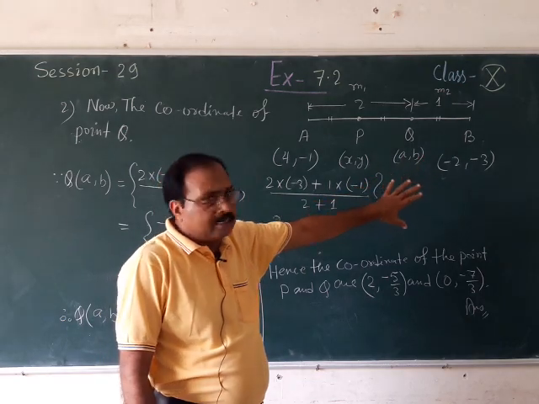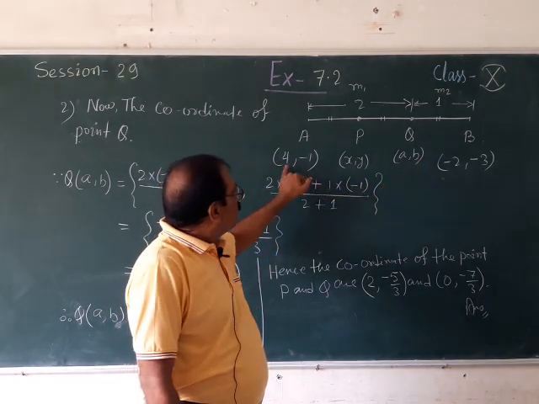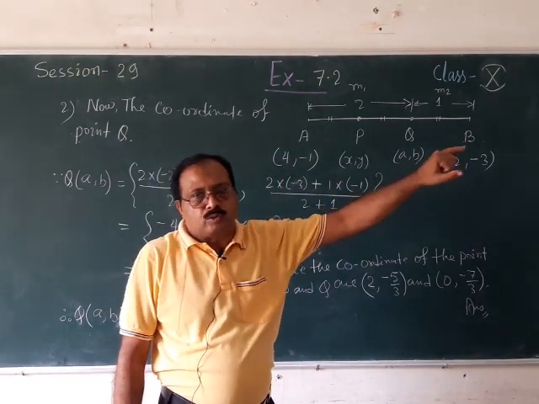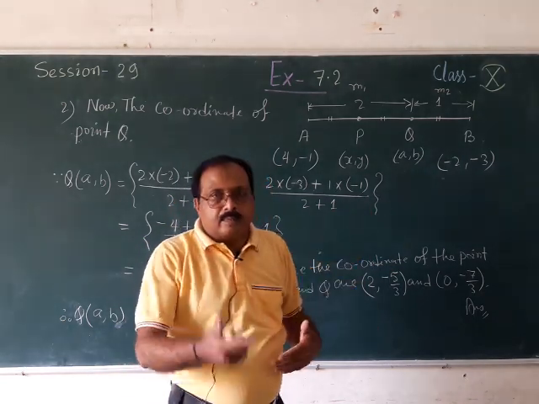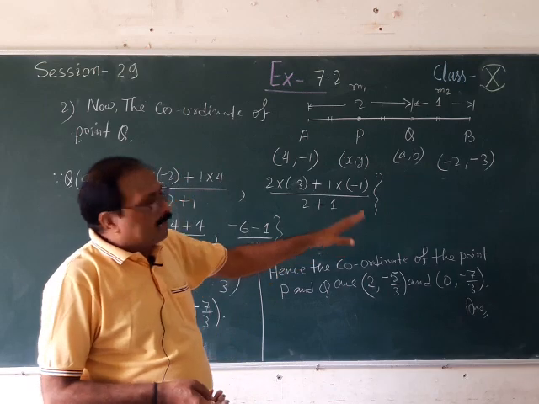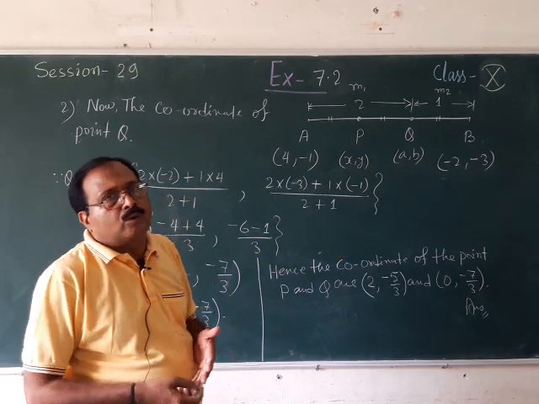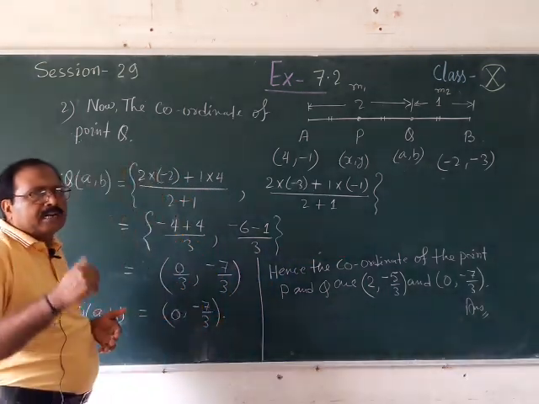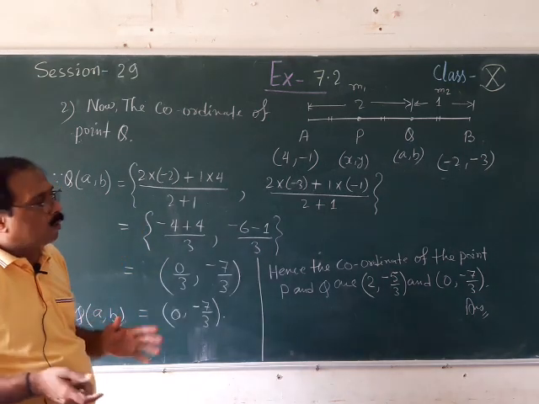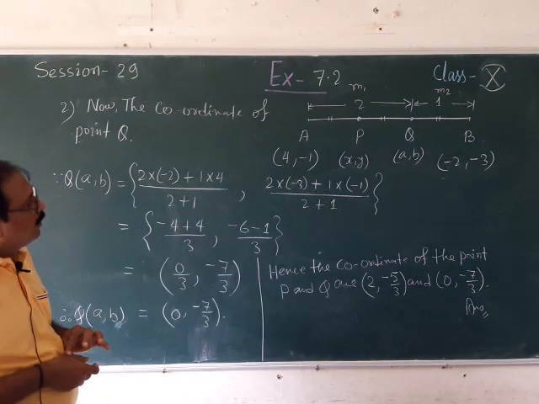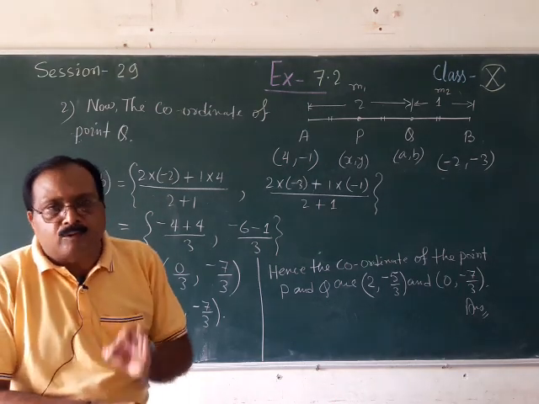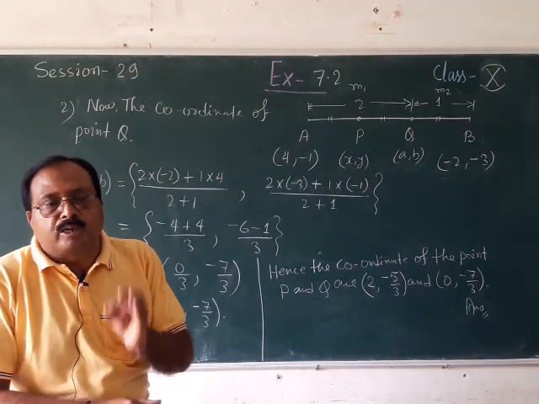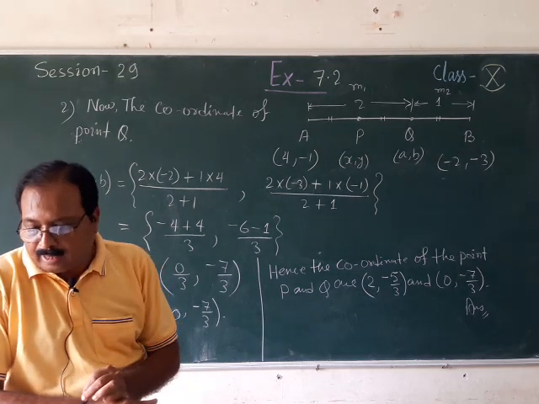So this should be taken care of. Another thing, x1 y1 and x2 y2, you can write beside the page, or on the rough side, or on the fair side also. There is no problem in writing those things, but the formula should be clear and you should have understood its application, where to use the section formula.